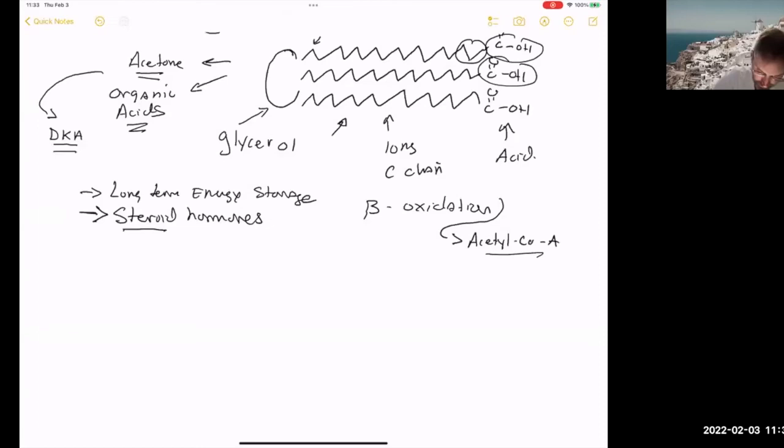So fatty acids get converted to hormones. And so these include things like testosterone, estrogen, progesterone, right? All of your sex hormones are steroid hormones, right?